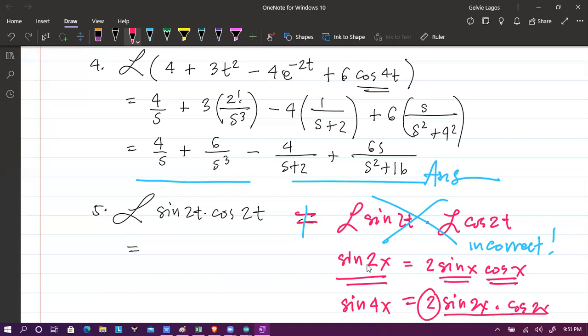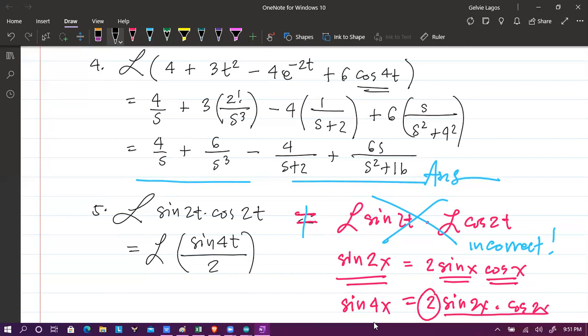If we are going to divide the equation by 2, the result will be the Laplace transform of sine, so instead of x, I will just write 4t all over 2. So this is now the Laplace transform of the equivalent function above.